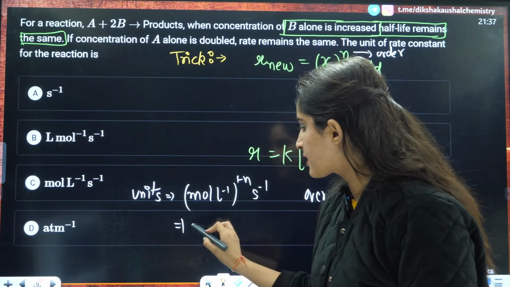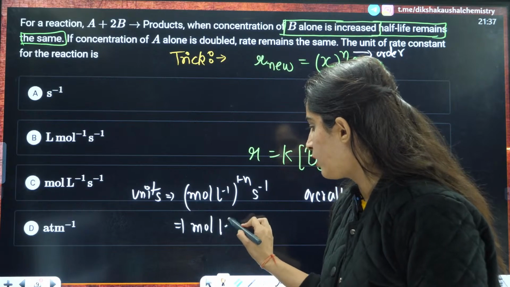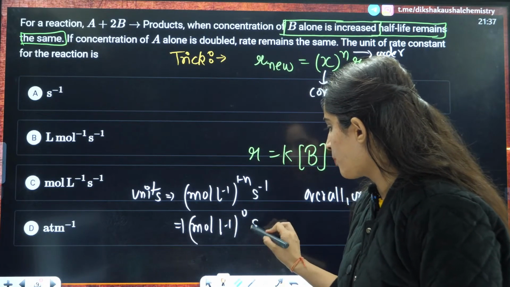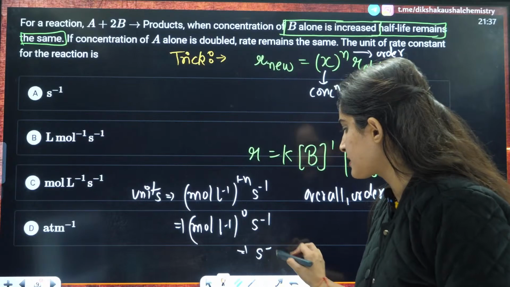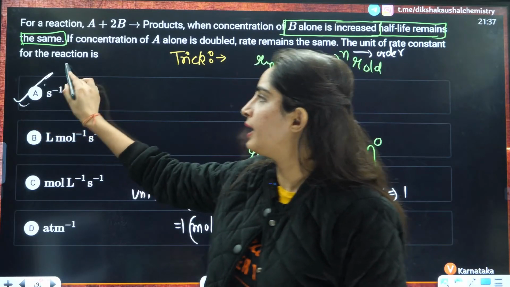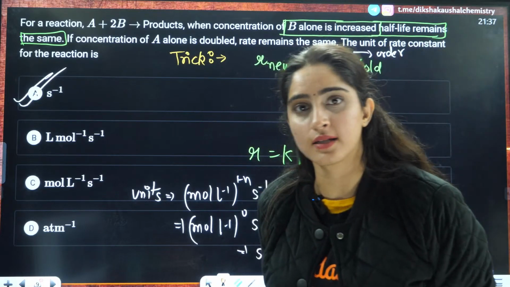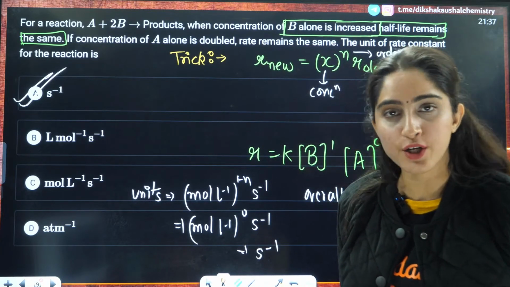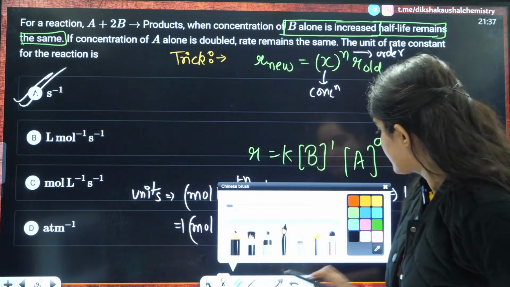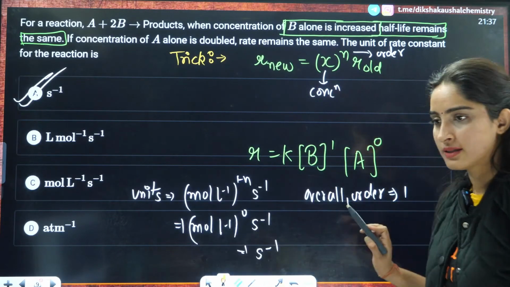Because here n is equal to 1, it will be mole per liter to the power 0 per second. So the answer will be per second. A is the correct answer. Understood? Simple, easy.